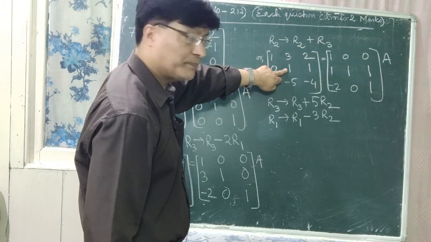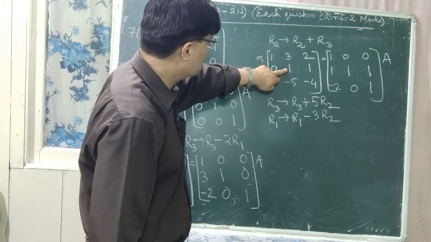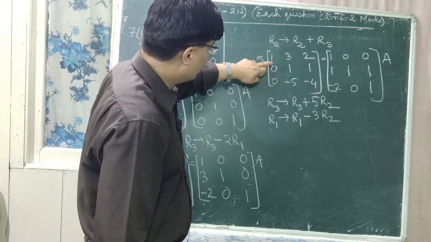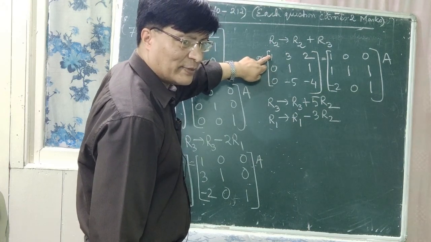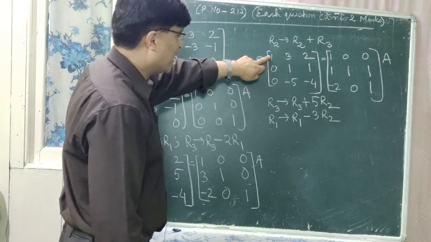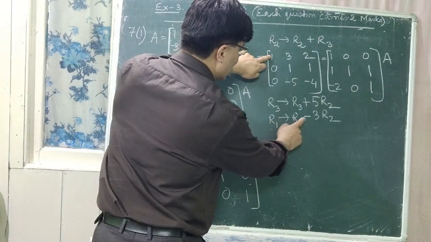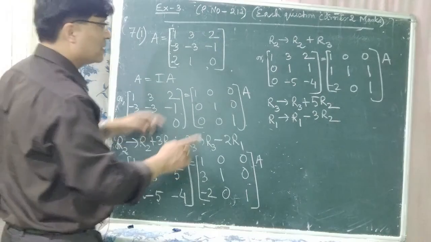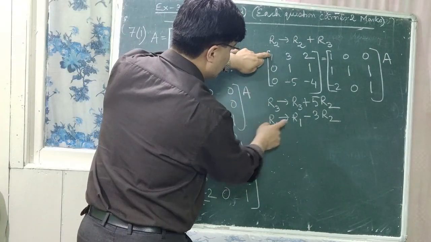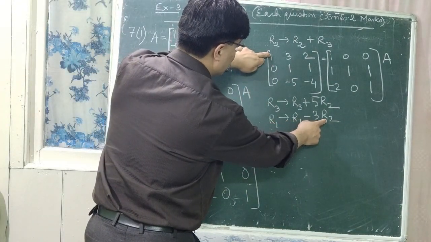No, it's wrong. Because if you do this 1 minus this will be changed. Because we have already made it 1, isn't it? So we cannot use R1 is equal to R1 minus 3R2. We cannot use it, right? Because this is changing. R1 is equal to R1 minus 3R2.